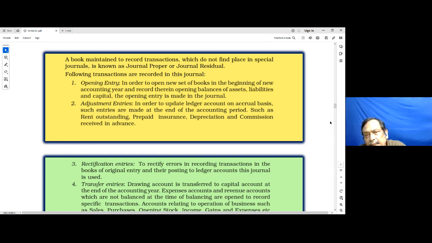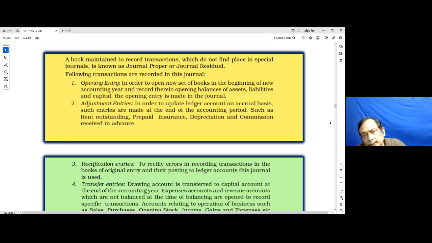Number one, opening entry. In order to open a new set of books at the beginning of a new accounting year and record therein the opening balances of assets, liabilities, and capital, the opening entry is made in the journal.